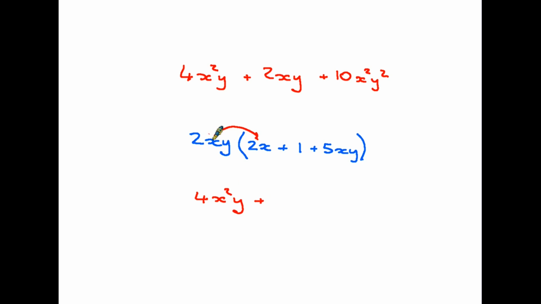We've now got 2xy times 1. Therefore the answer is 2xy. Third term, we have 2 times 5 is 10. We have x times x is x squared. And we have y times y, which is y squared. Check that with where we started. It is the same, therefore, again, we've got the correct answer.